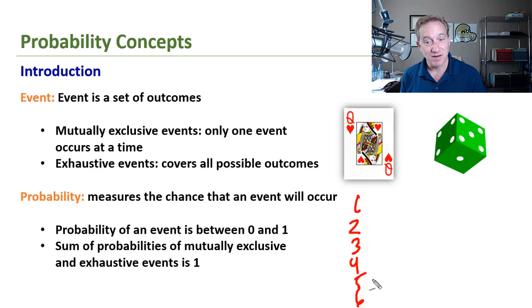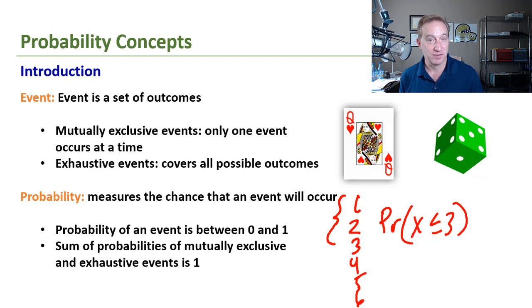So we could define this and say, what is the probability that our random variable x, represented by this die, is less than or equal to 3? And now that is the event that is defined by a set of outcomes that would be a 1 or a 2 or a 3.